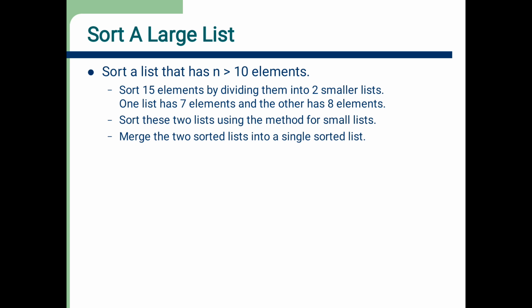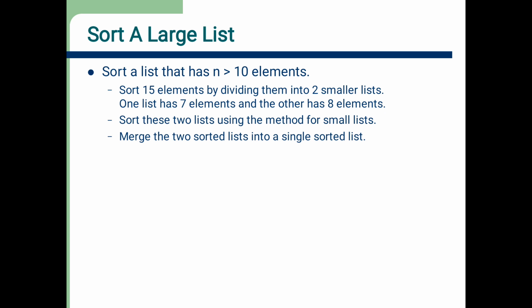Coming to the min and max problem, finding the minimum and maximum value from a given set of n elements, we solve it using the divide and conquer technique. This process is the same as yesterday's merge sort.